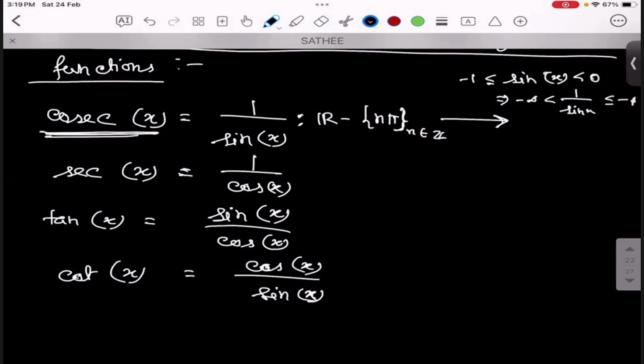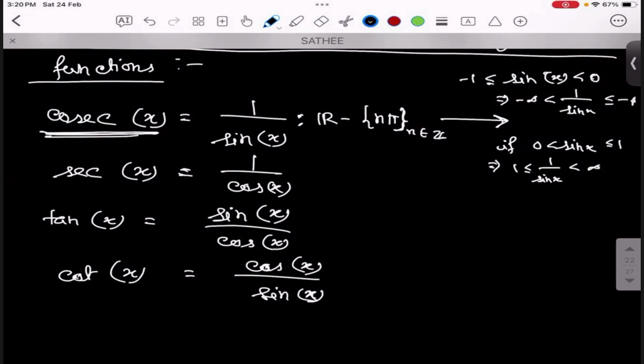And if sin x is less than or equal to 1 but greater than 0, this implies 1 by sin x is greater than or equal to 1 and less than plus infinity.